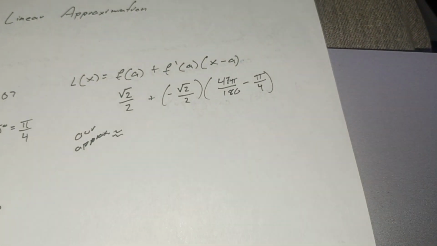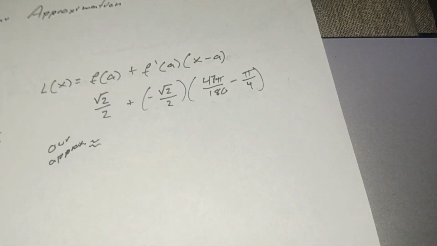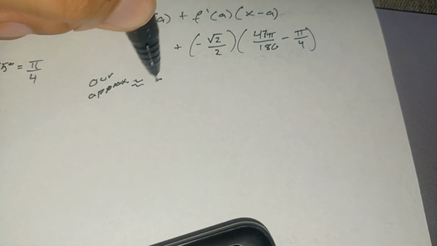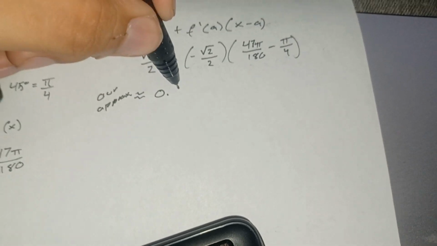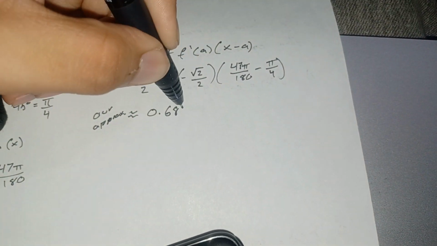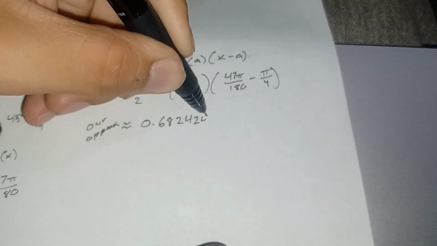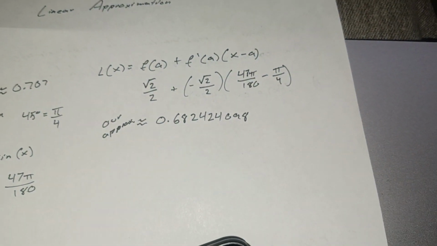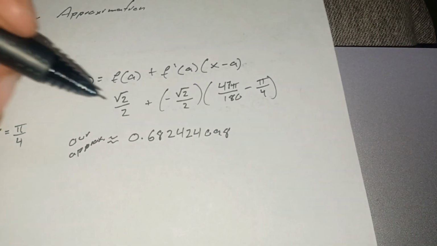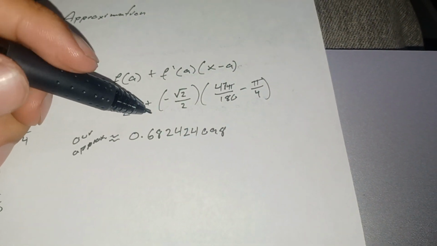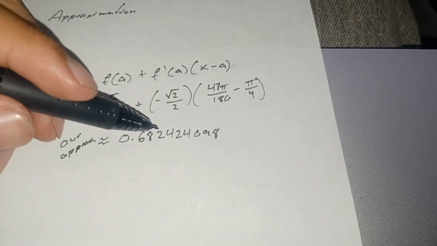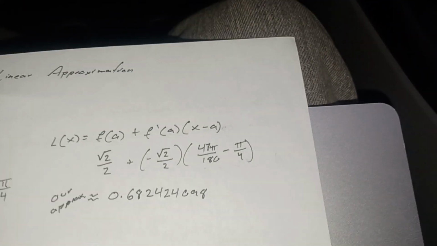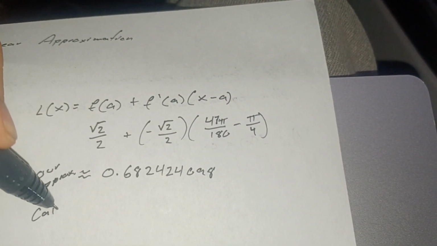So according to the calculator, we got 0.682424098. And we don't really need that many values, but whatever. All right, good.